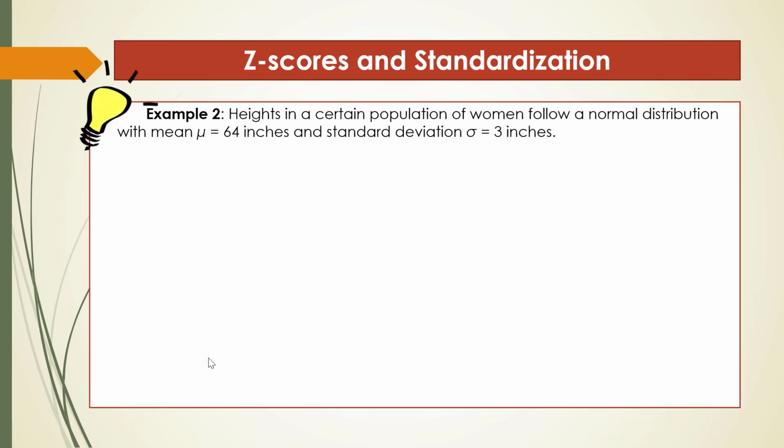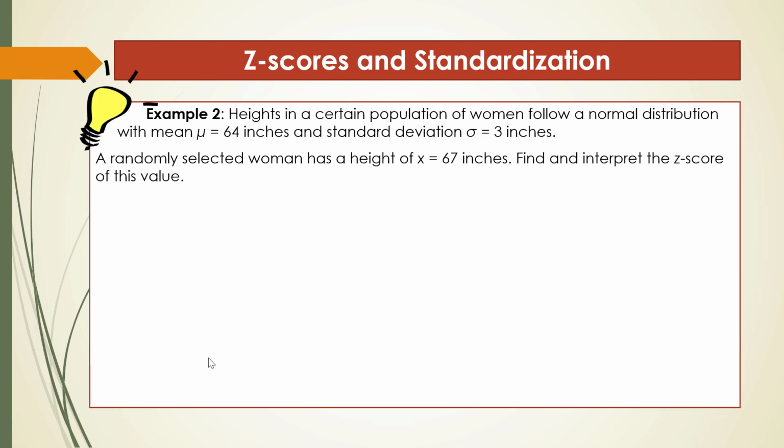So let's do some practice about z-scores. Example 2. Heights in a certain population of women follow a normal distribution with mean mu equal to 64 inches and standard deviation sigma equal to 3 inches. A randomly selected woman has a height of x equals 67 inches. Find and interpret the z-score of this value.